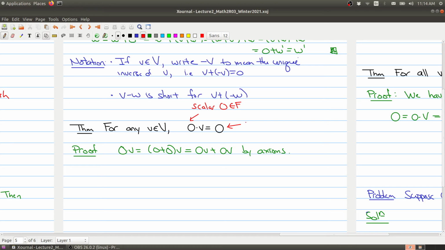On the right-hand side, you're getting the 0 vector of your vector space V. So the theorem is saying that if I take any vector and multiply it by the scalar 0, I get the 0 vector. So 0 is being used in two different ways, and something you should pay attention to in this course is how 0 is being used.